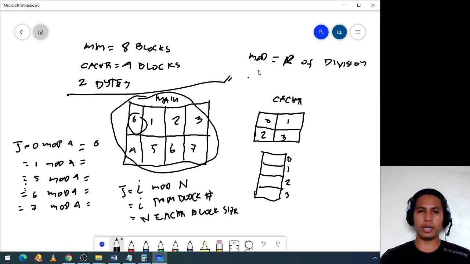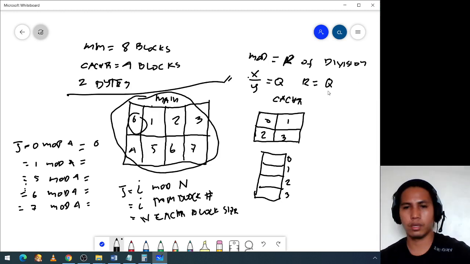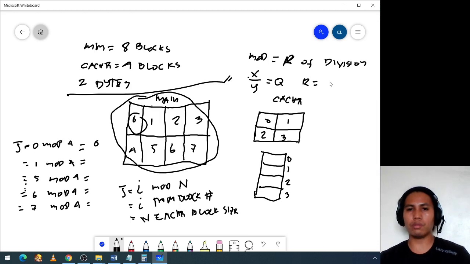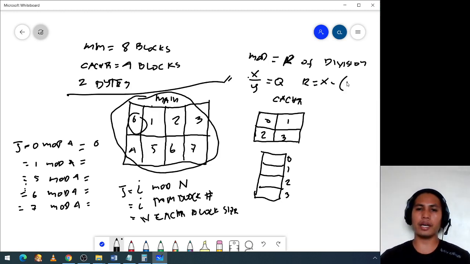Let's say for example, we have x over y, then we have the quotient q. The remainder is x minus the product of the quotient multiplied by y. So R is equal to x minus q times y.